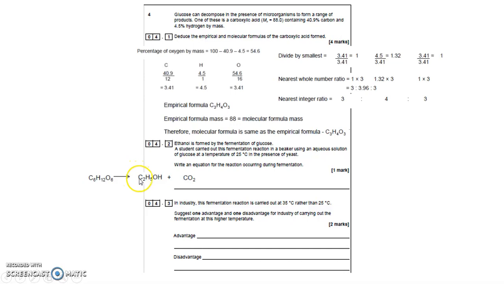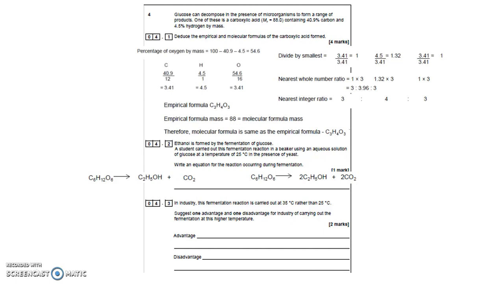So 2 carbons, 2 2's are 4 carbons. I need 6, so there's got to be a 2 in front of the CO2 as well to balance the carbons. 2 times 2 is 4, add 2 times 1 is 2, 4 add 2 is 6. That will do it for me. The oxygens balance as well. So there we go, that's going to balance that equation.